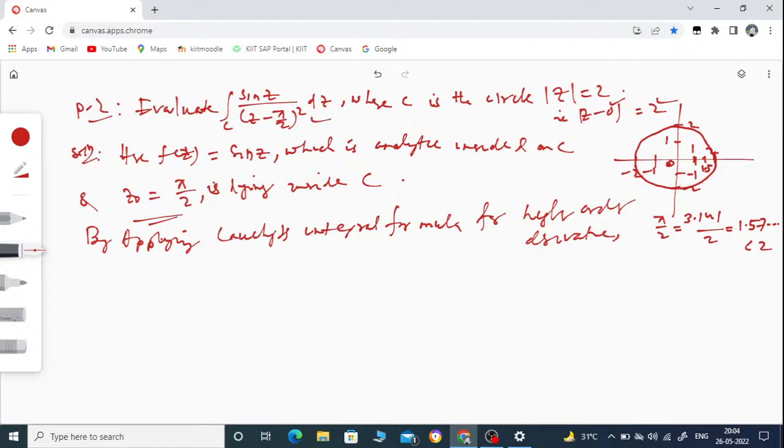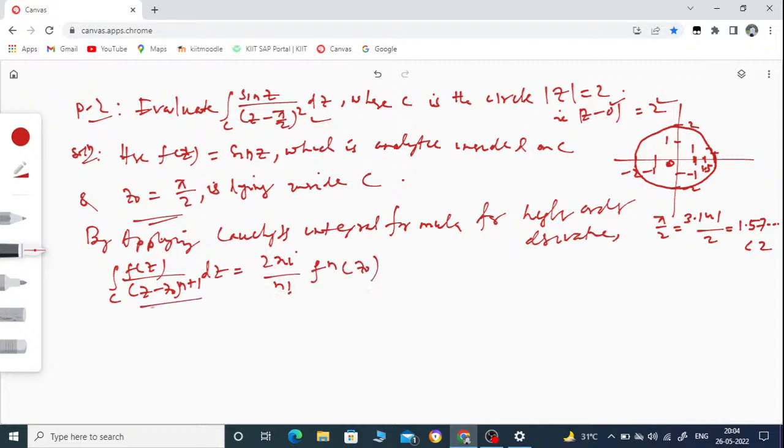Integration over C of f of z divided by z minus z naught to the power n plus 1 dz is equal to 2 pi I by n factorial times the nth derivative of f at z naught.